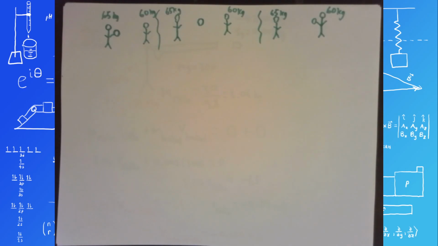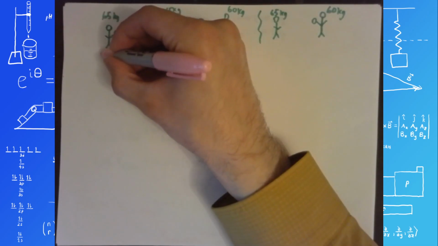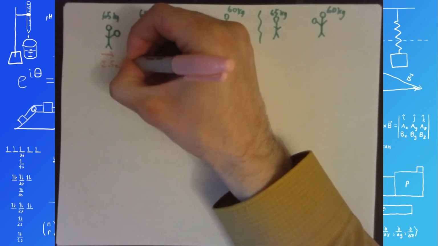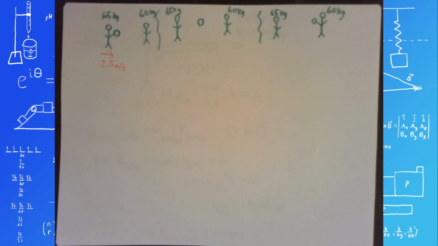Disregard friction between the skates and the ice. Okay, so 65 kilogram person is moving at 2.5 meters per second at first, forward. The second person is initially at rest.